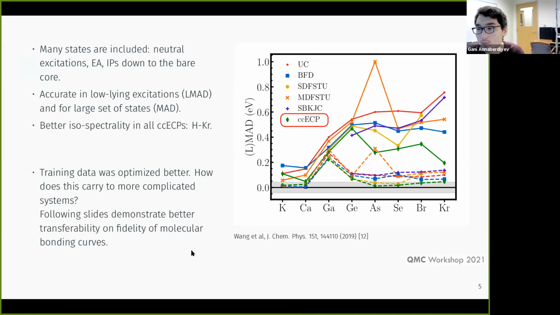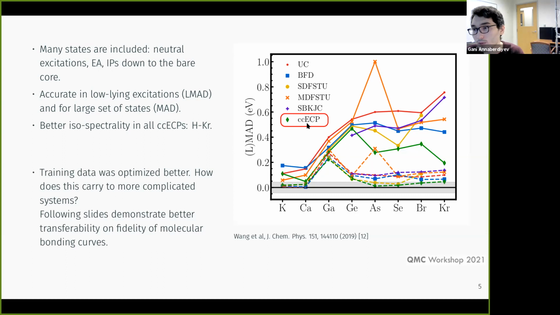Here's another example. This is 4s and 4p elements. Here we're showing two quantities. One is the MADs, and the other is LMAD, which stands for low-lying state MADs, so essentially only considering the low-lying excitations. The whole MAD represents the whole spectrum, which includes electron affinity, all ionization potentials down to the core, neutral excitations, and so on.